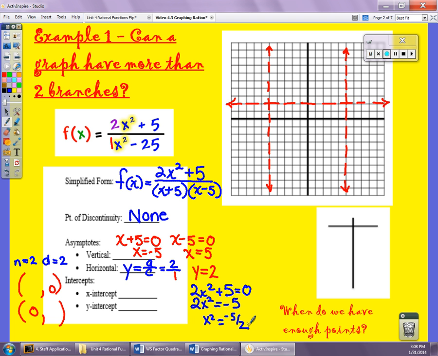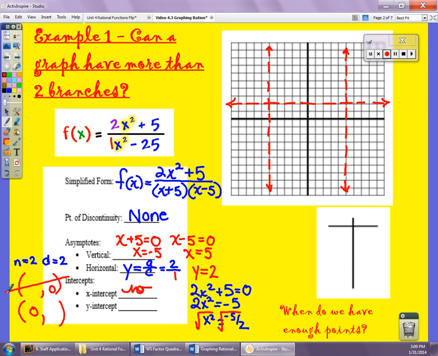And in order to get x, we'll have to take the square root of both sides. Notice that we're trying to take the square root of a negative number. Well, we can't get a real answer doing that. Of course, we could get an imaginary answer, but that's not going to help us. So we're going to say that there is no x-intercept.